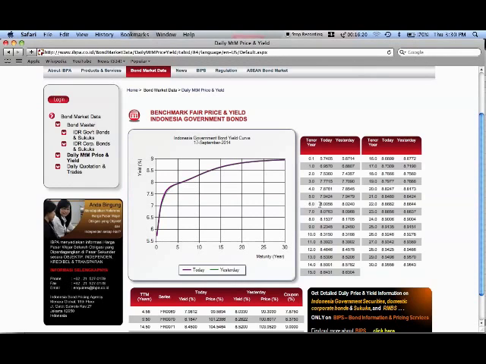So 6 years, 1 year after 5 years, the market player asks 8.0058%, and if you move to 10 years, you get 8.3150%. So here the longest is 30 years, and the market required 8.9558%.